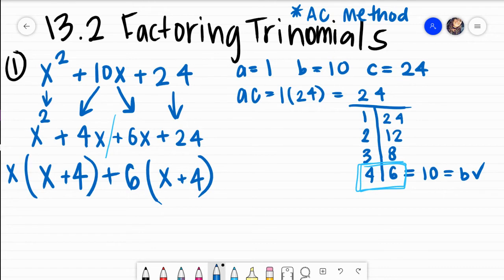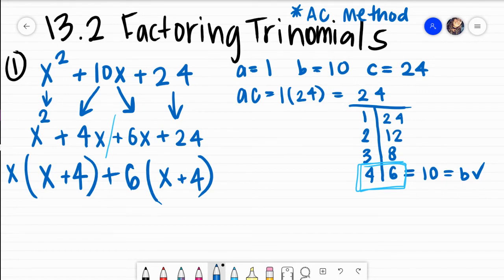What you do, you technically need to check to make sure these parentheses are the same either way, but for sure, right now, I need to know that what's in the parentheses on both sides are the exact same thing. I need to check it, make sure they match. Now, if I look, x plus 4 and x plus 4, yes, those are the same. Okay, so this is what you do.